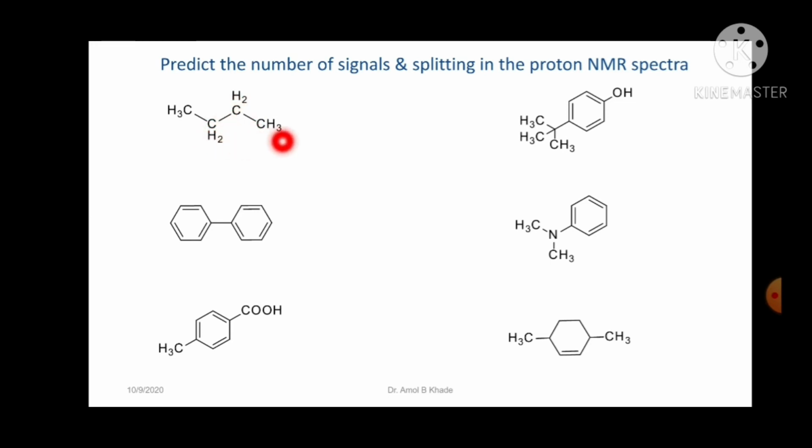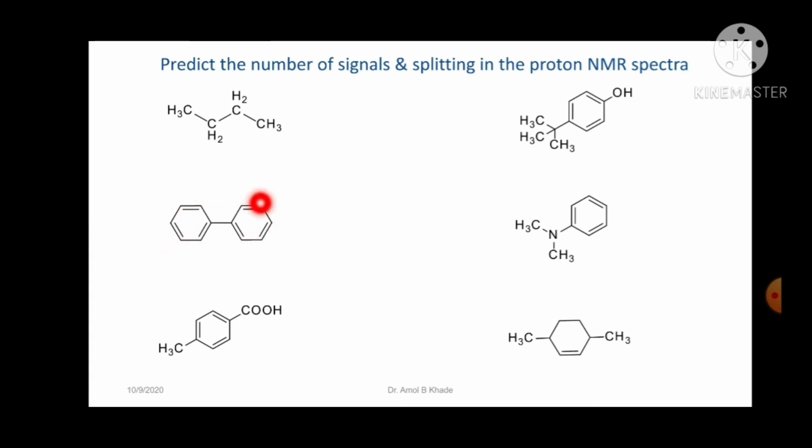So there are 3 protons here and 2 protons here, so it will be 5 plus 1. So this CH2 will give a sextet, and this CH2 also will give a sextet. So they will club together and give only one sextet, which after integration will give 2 plus 2, that is 4 protons.